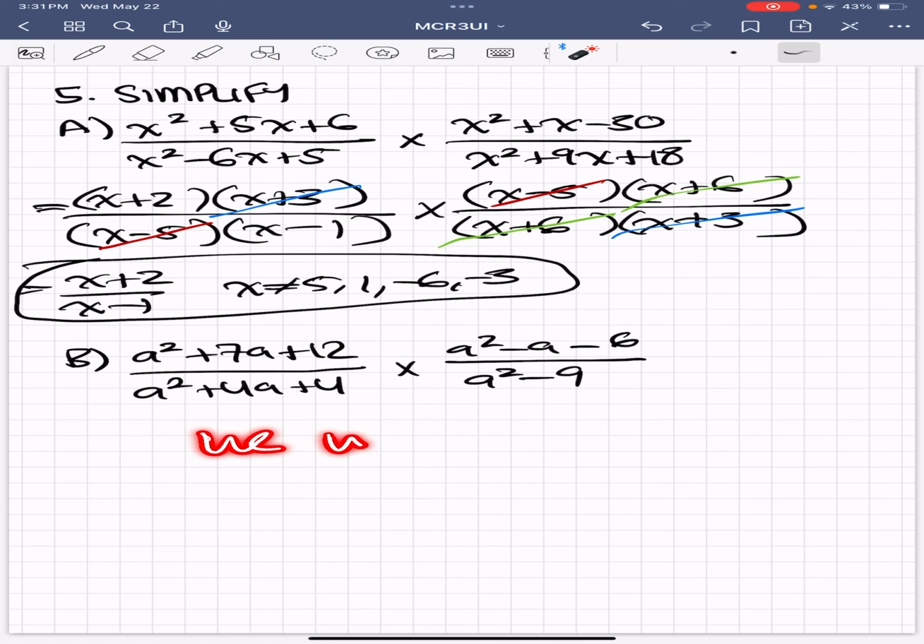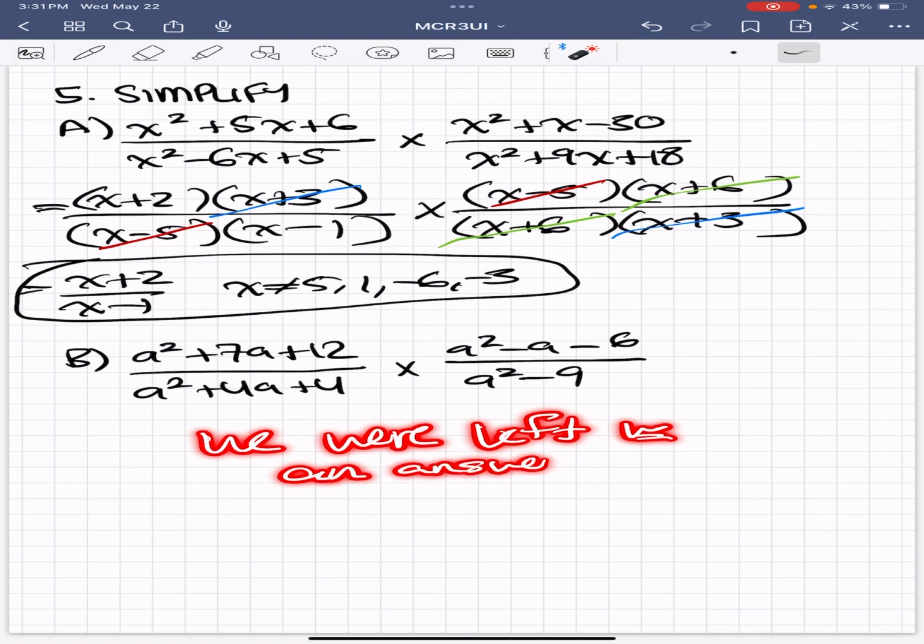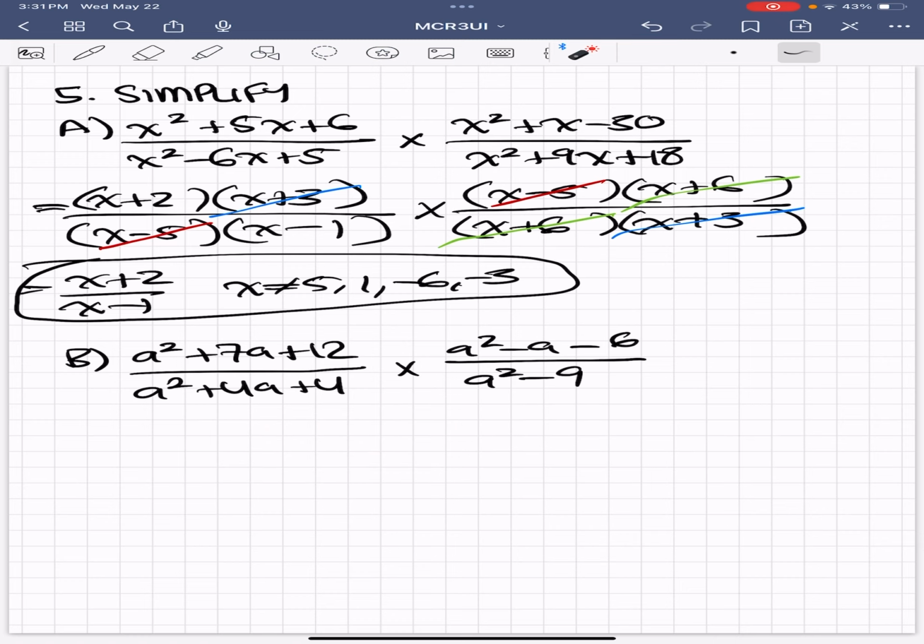We are left with an answer. And then we did restrictions. If you didn't know, 5 would be 5, -1 would be 1, +6 would be -6, and +3 would be -3. So that's how we got the restrictions there.